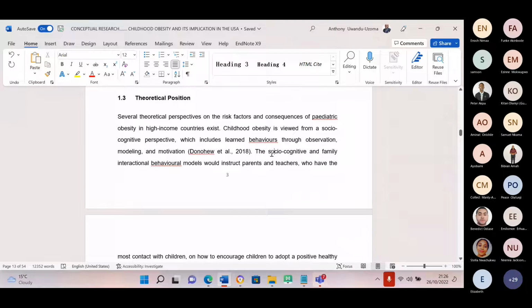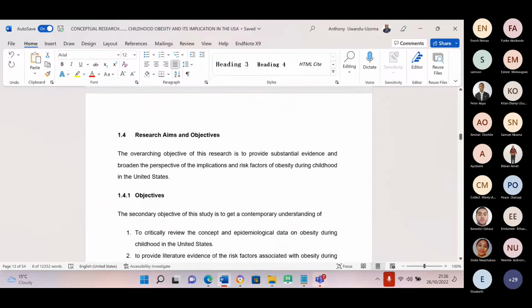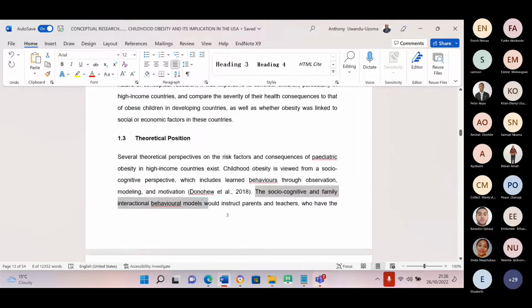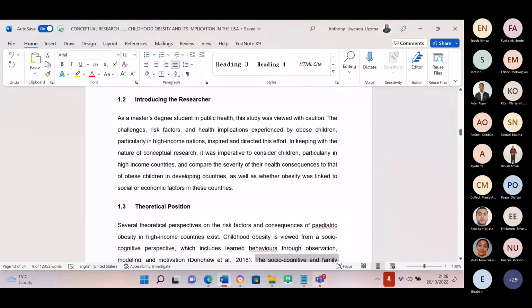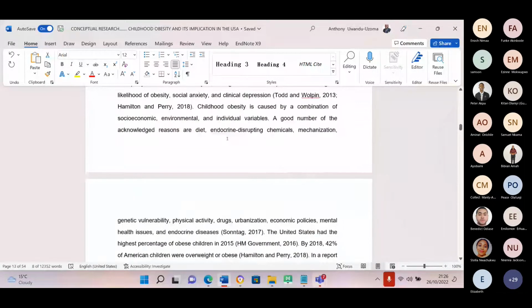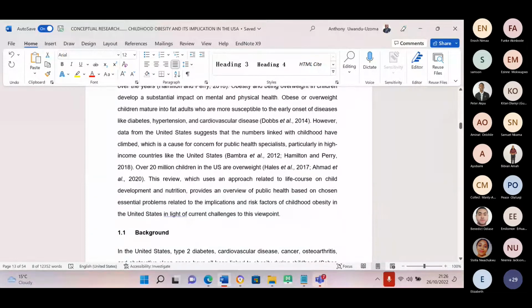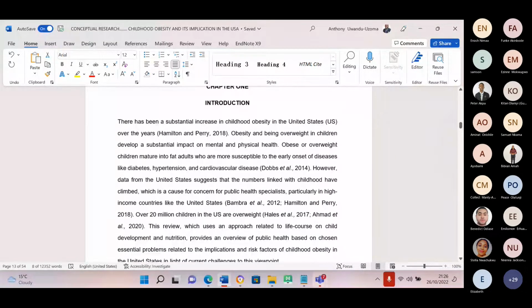The theory that is used here is the social cognitive theory and the family interactional behavioral model. But then I'm looking for the author's stance, and I can't see it in the background. It's also important to know. Though it's not here, it should be there.